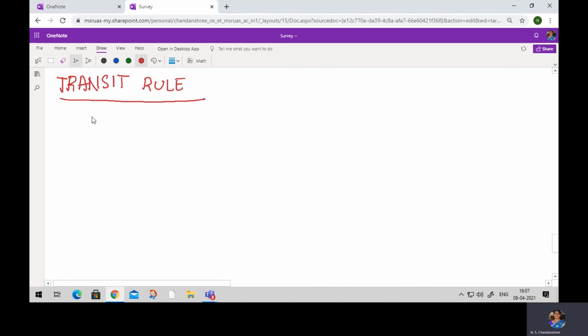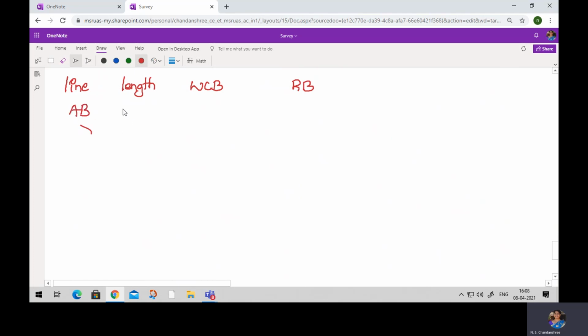So now this is the second method. Here also the question remains the same: calculate the latitude, the departure, the closing error, and balance the traverse using the transit rule. So we'll take one more question. The columns are line, length of the line, whole circle bearing reading, and reduced bearing reading. These are the things given in the question.